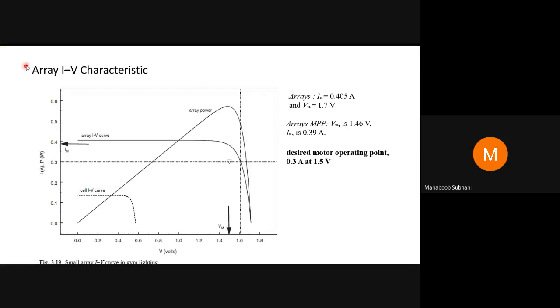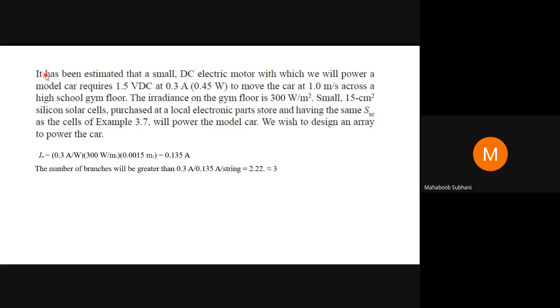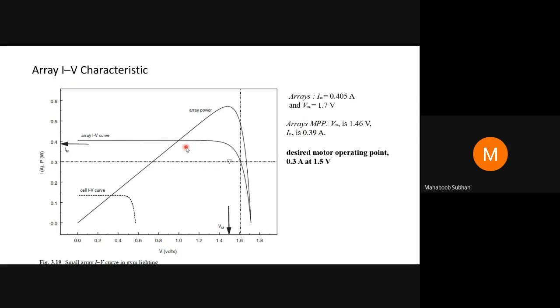So we'll understand how to do that. Earlier we saw a rough calculation and rough design. Now we'll see how to meet exactly the required parameters. To understand that, we have the IV characteristics for the same example.